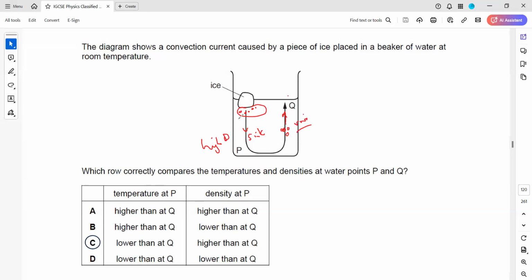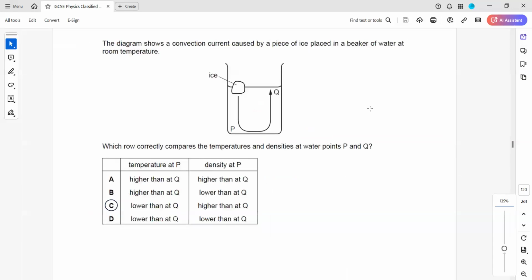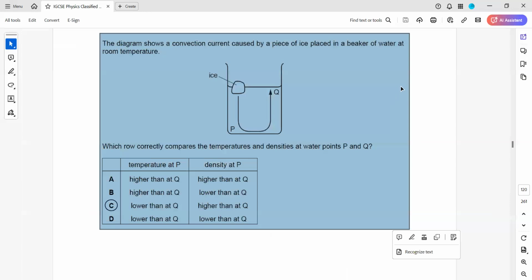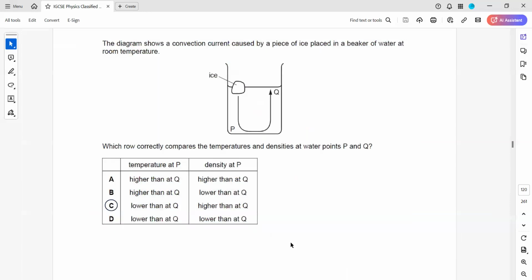So at P, because the cold molecules sink, the temperature will be low and the density will be higher, because cold molecules are closer and tightly packed. Is it clear? Question 10. Any doubt in this? Okay. So this was about the methods of heat energy transfer.